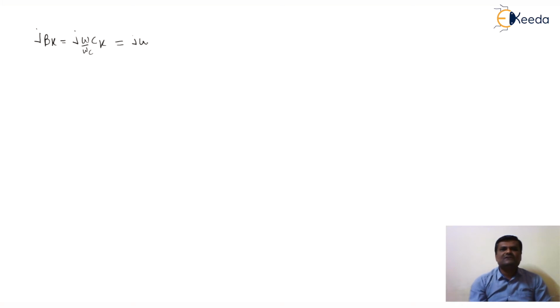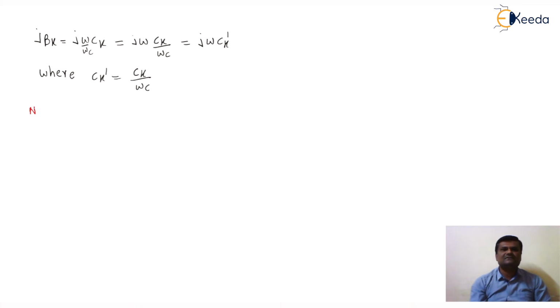Right here, j omega Ck by omega c equals j omega Ck dash, where Ck dash equals Ck by omega c. So this is frequency scaling. Now we apply impedance scaling on this part, then we'll get the result.